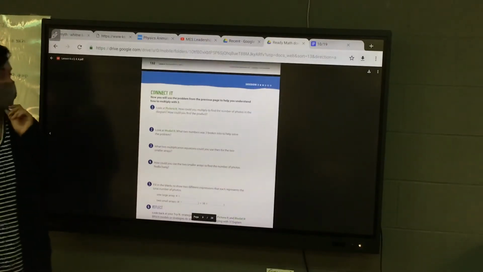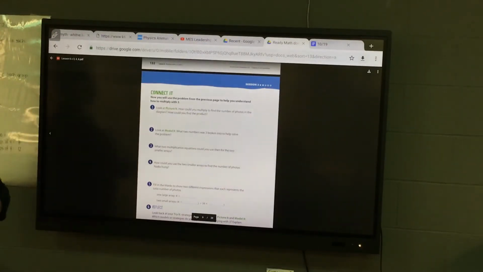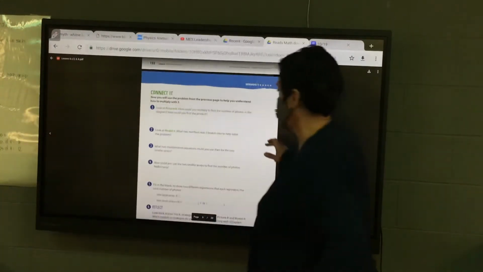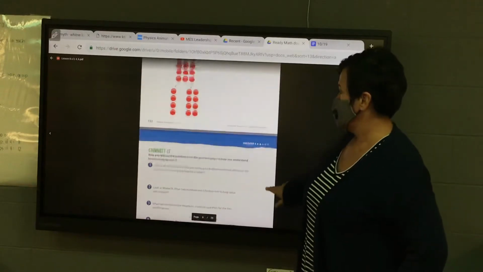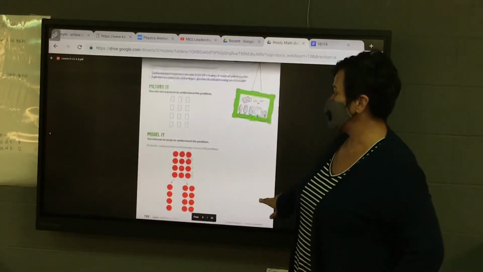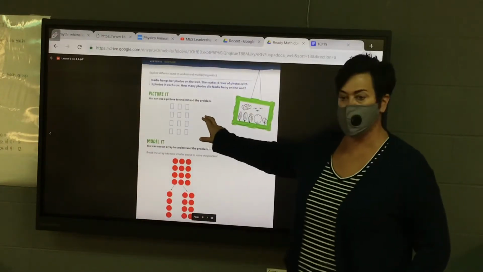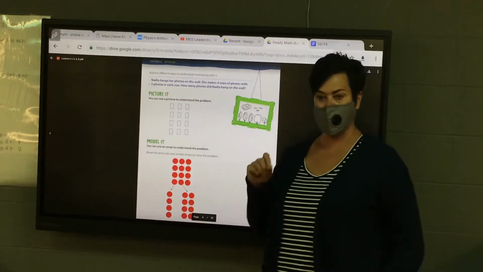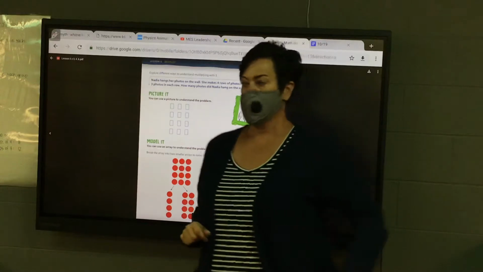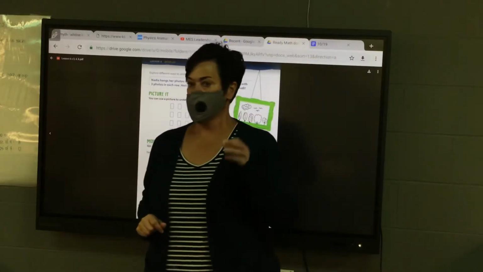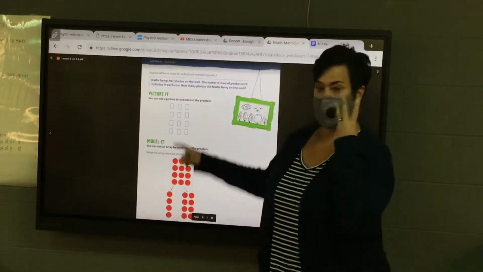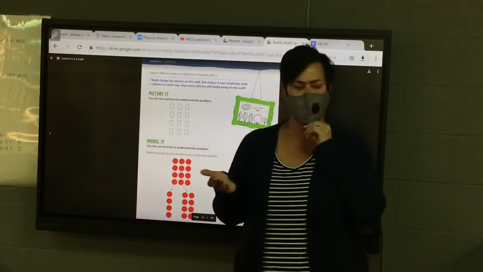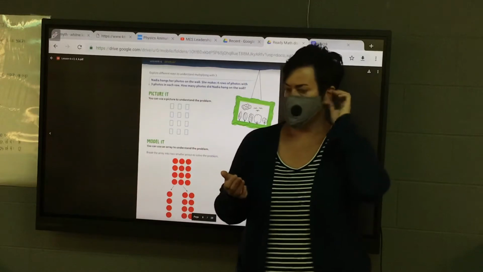How could you multiply to find the number of photos in the diagram? Do you know what our multiplication sentence would be for this one? How many rows are there? 4. How many are in each row? 3.